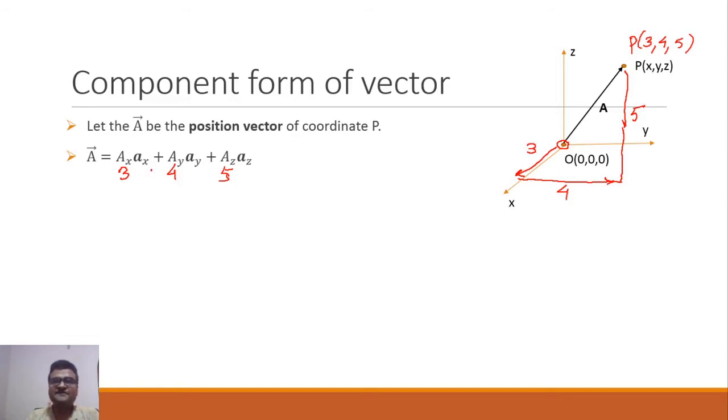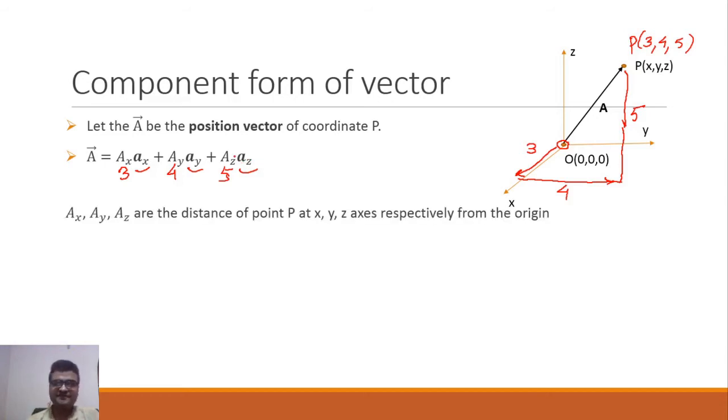And obviously we are talking about directions. Unit vectors show us the directions. That is why they are attached to their corresponding unit vectors. They are not attached to anything else. So 3 attached to a_x tells us 3 units in the x direction, 4 units in the y direction, and 5 units in the a_z direction. Units can be anything, meter, centimeter, kilometer, depending upon the problem.